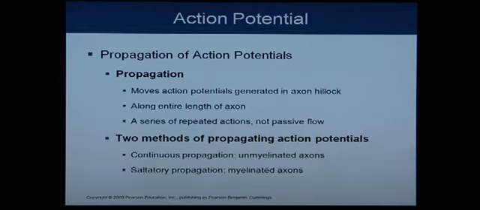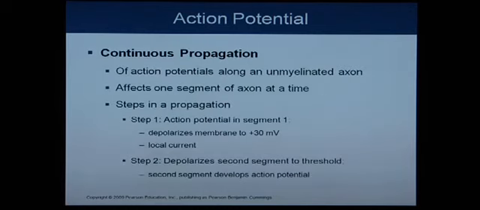Continuous propagation happens in unmyelinated axons, and saltatory propagation happens in myelinated axons. Now remember that unmyelinated means they're not fully insulated, and myelinated axons are fully insulated. Okay, and we talked about the Schwann cells and the oligodendrocytes, so hopefully that's familiar.